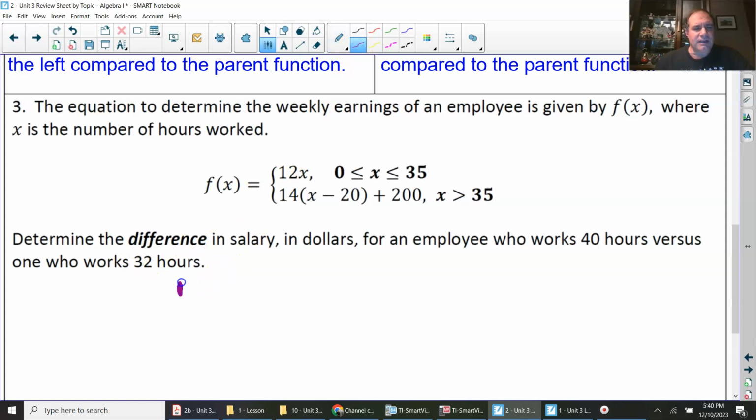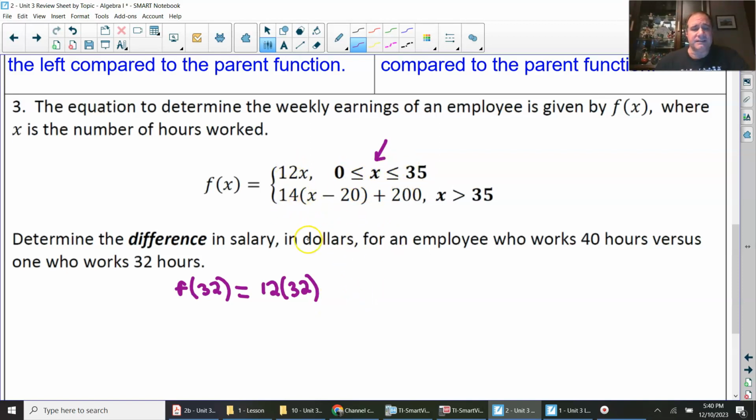So I'm going to take f of 32 first. 32 hours falls right into the first one. So right there, you're going to use f of x equals 12 times 32, because 32 is greater than or equal to 0 and less than or equal to 35.